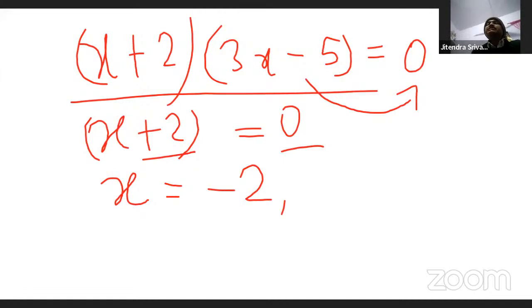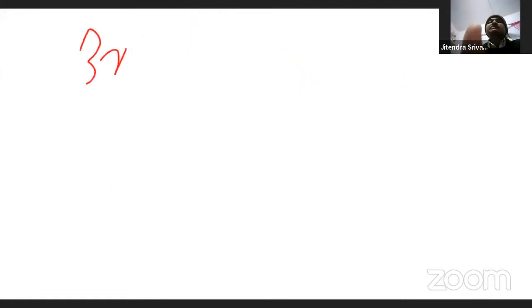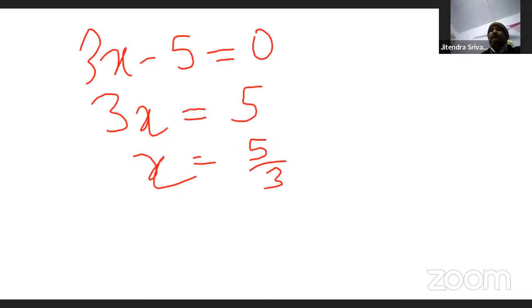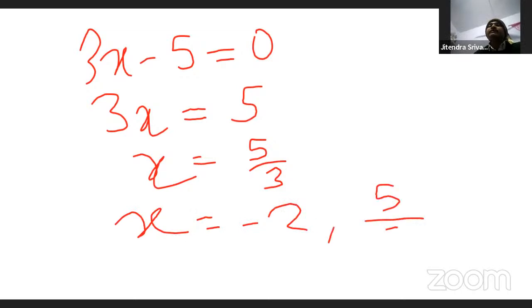In the next equation, 3x minus 5 equals to 0. So what we will get, the value of x here, we will get x equals to 5 upon 3. So we are getting two values: x equals to minus 2 and x equals to 5 by 3.